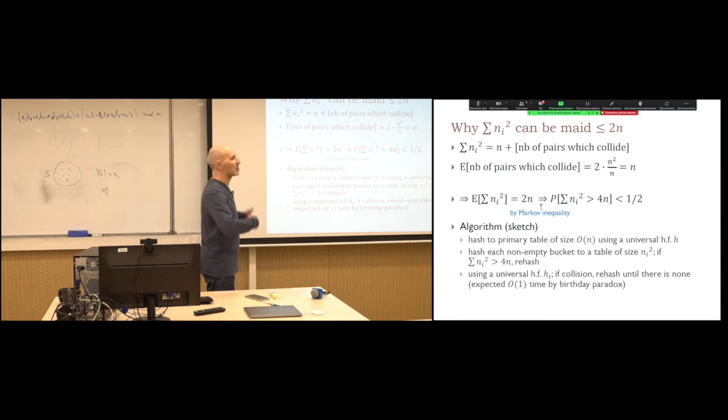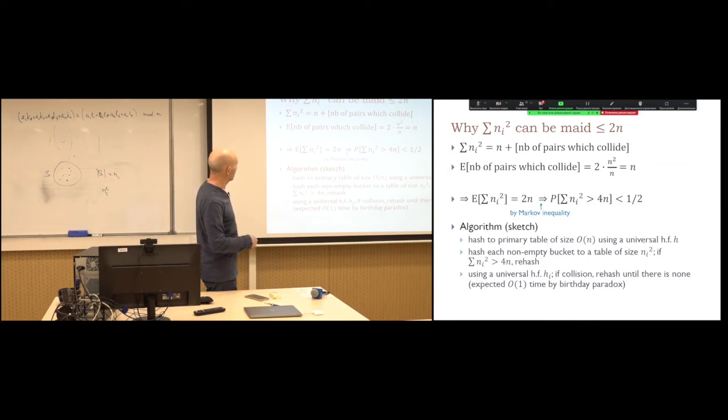By trial and error, we can make several trials, and in a constant number of rounds in expectation, we will reach the situation when the total size of these second level hash tables will be linear. So here is the algorithm, which if you have never seen a probabilistic algorithm, will look strange to you, but this is quite typical.